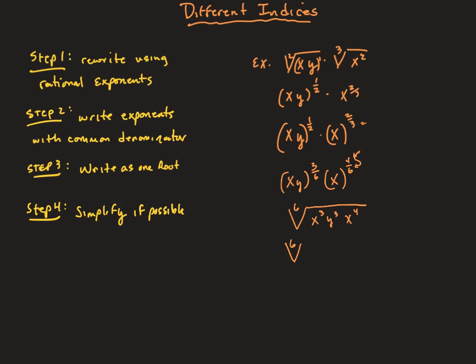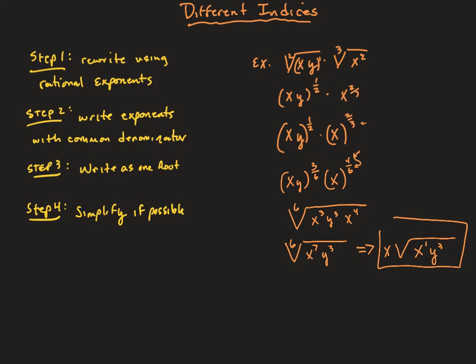So I'm looking at the 6th root of x to the 7, y to the 3rd. We're going to be able to bring an x out and leave an x in, because I had 7, so I was able to use 6 of them for that 6th root, leaving one behind, and then of course y to the 3rd, because I don't have 6 of those to make that root. So there is my simplified radical.